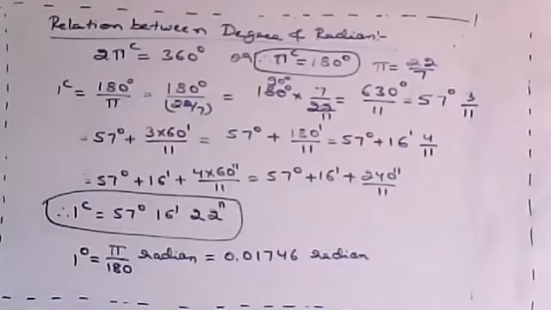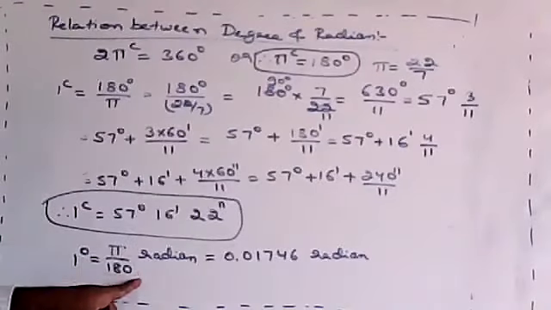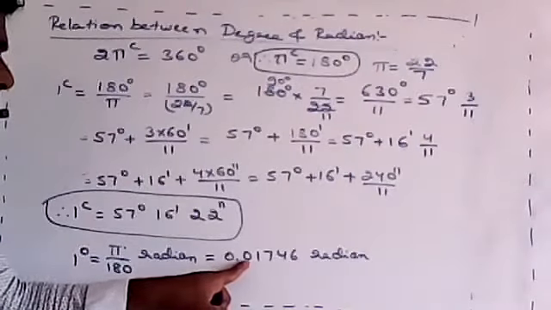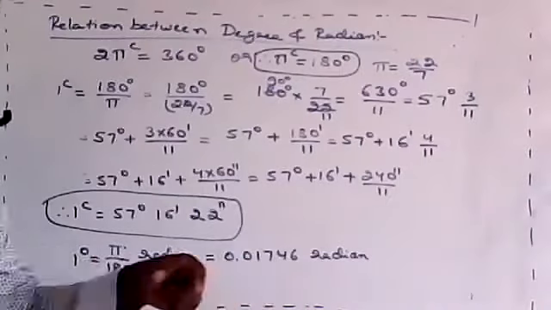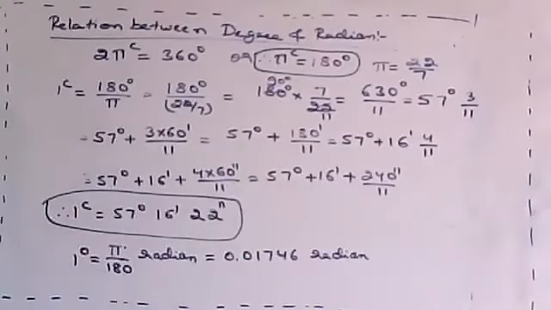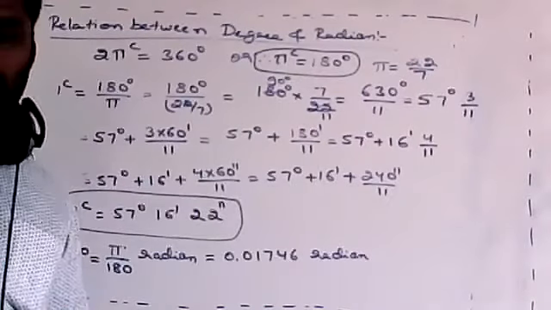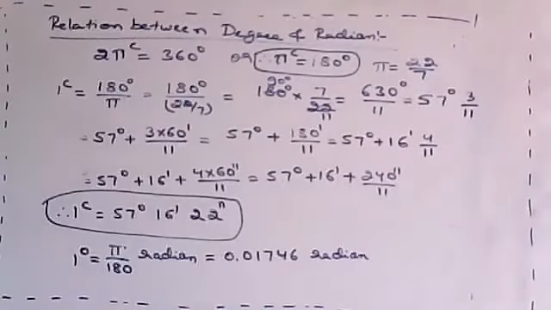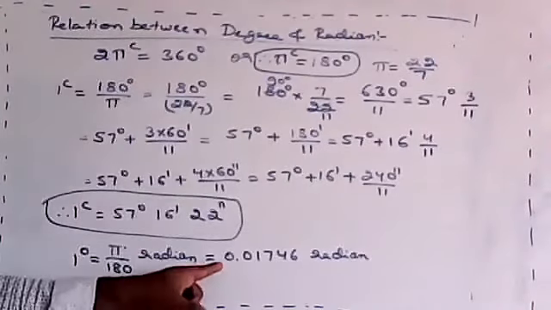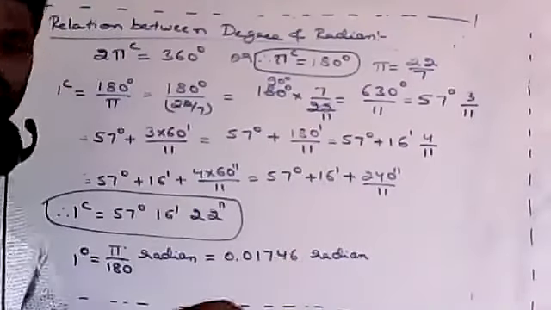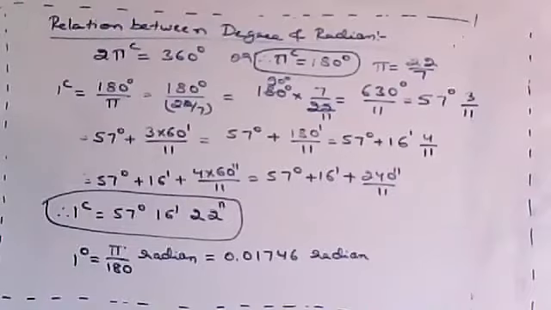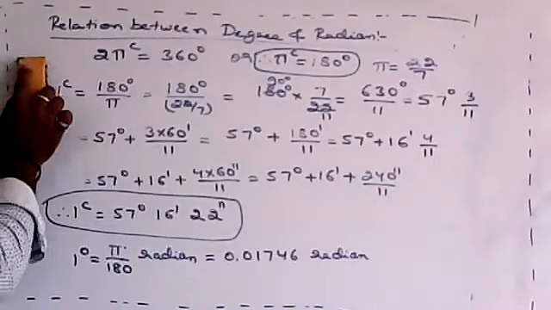And in the same way, 1 degree is equal to pi by 180, that is nothing but 0.01746 radian. Yes, Shravan, correct. 1.746 into 10 to the power of minus 2 is nothing but 0.01746. Correct? Okay. Clear now this one?